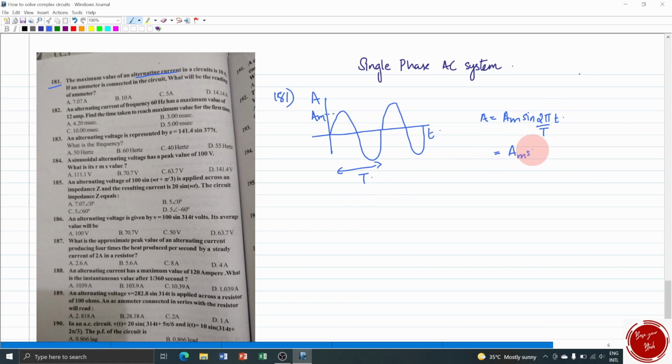I can even write it as AM sine 2 pi f t, since 1 by T is the frequency, or AM sine omega t.